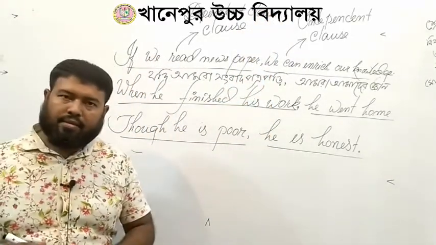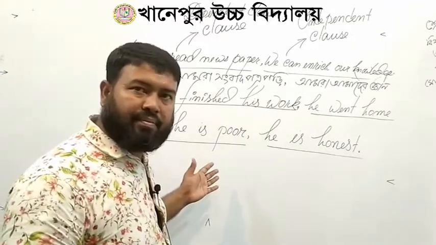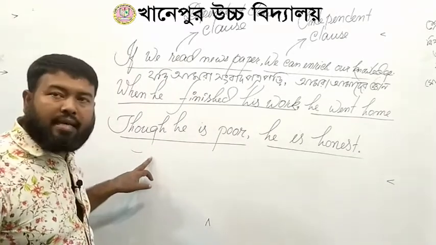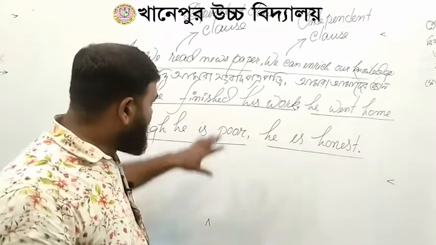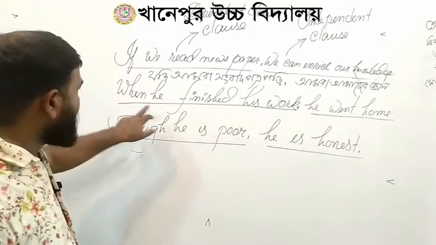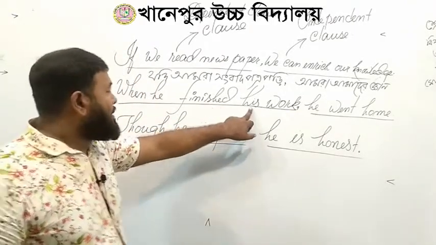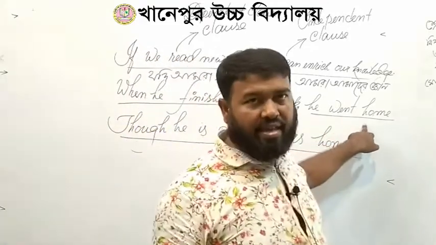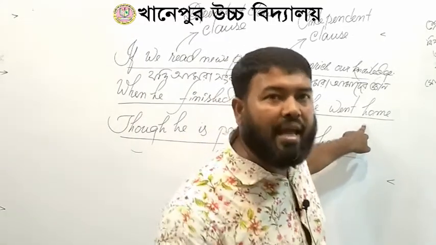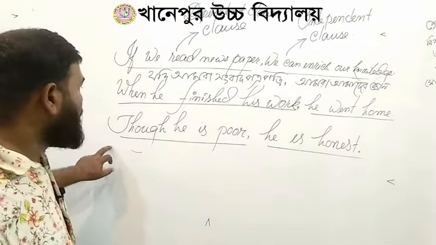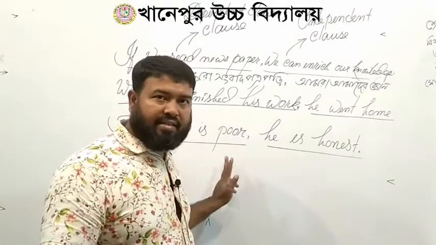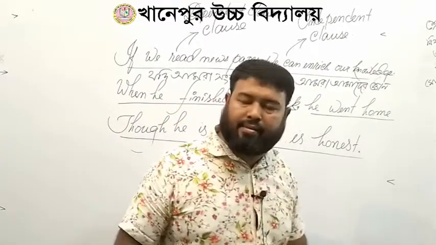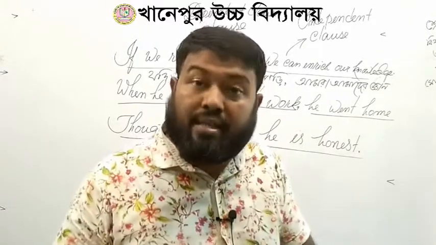My dear students, then what can we see? We can see all three sentences have two parts. When he finished his work, it's a dependent clause. He went home, it's an independent clause. And the next sentence, though he is poor, it's a dependent clause, and he is honest, it's an independent clause.